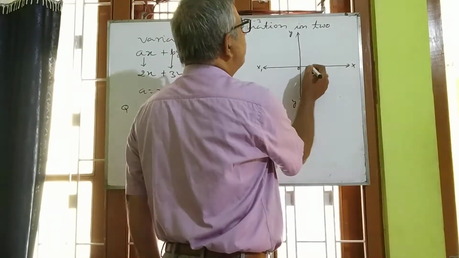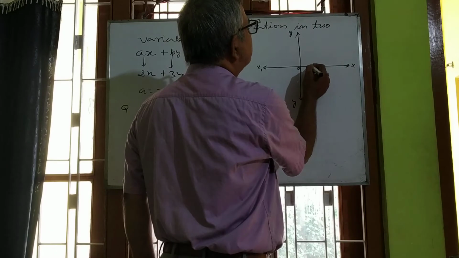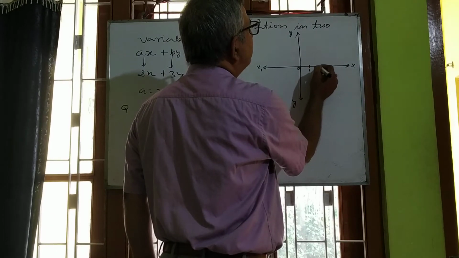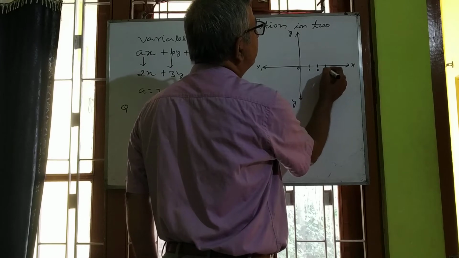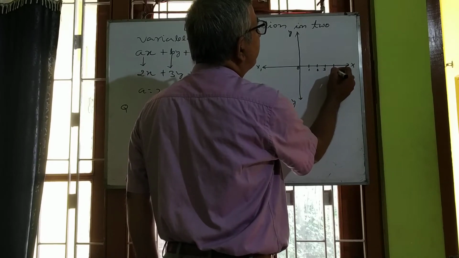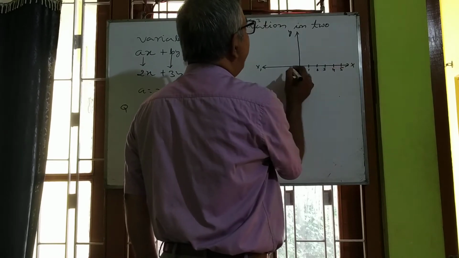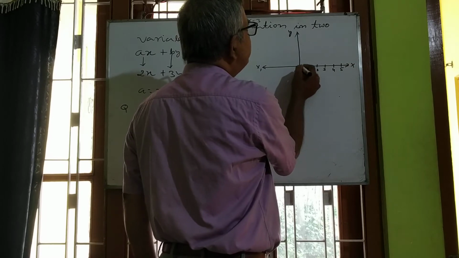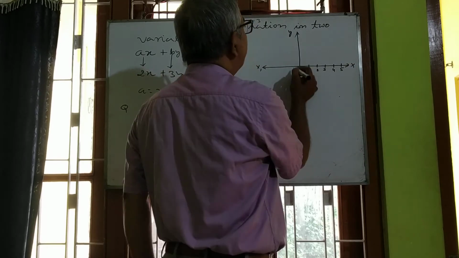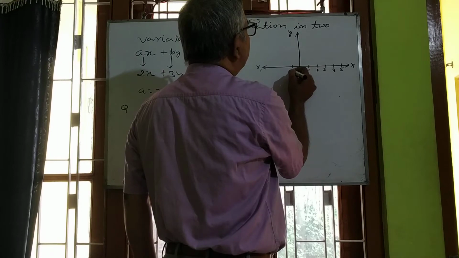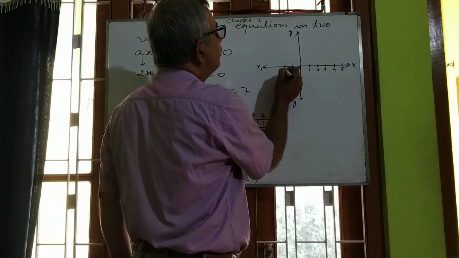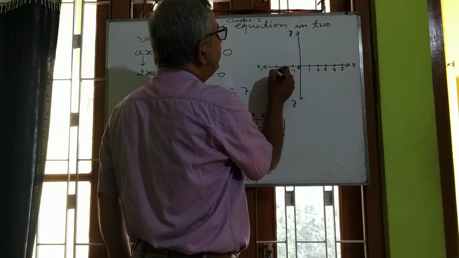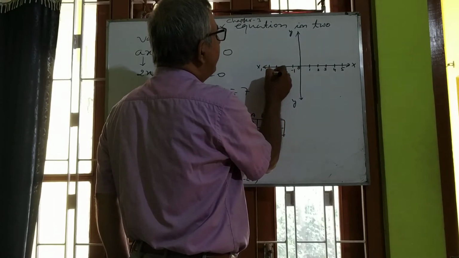This side, suppose you are taking 1 centimeter each. 1, 2, 3, equal distance you take. 4, 5, like that. And this side also 1 side. This is the 0. Minus 1, minus 2, minus 3, minus 4 like that.